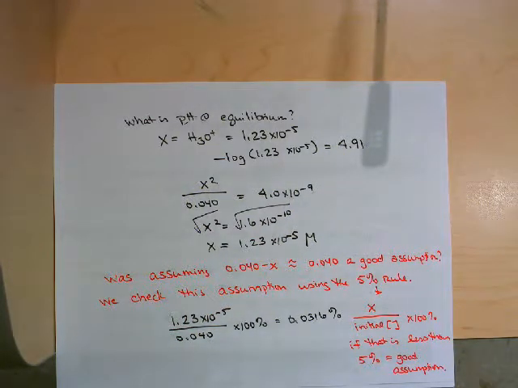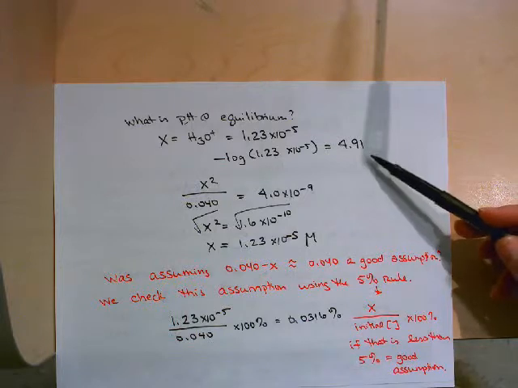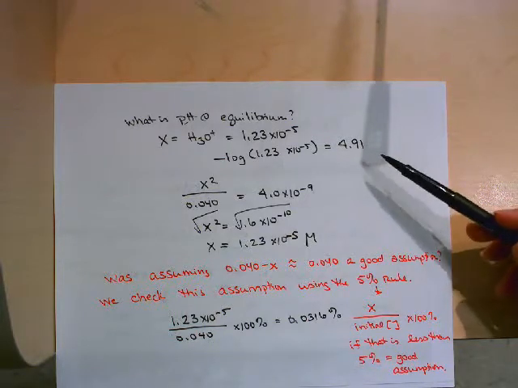where would you ballpark that? It is a weak acid. Like hydrochloric acid's pH is 0.08, really close to 0. So a weak acid is going to be in the 3 to 6 range.